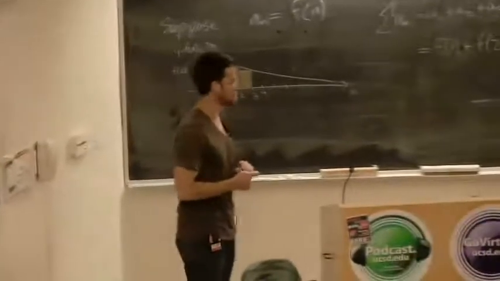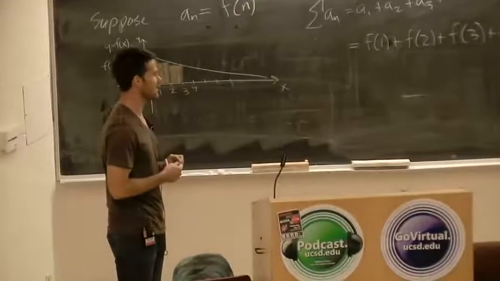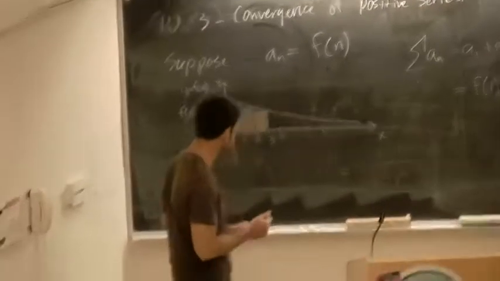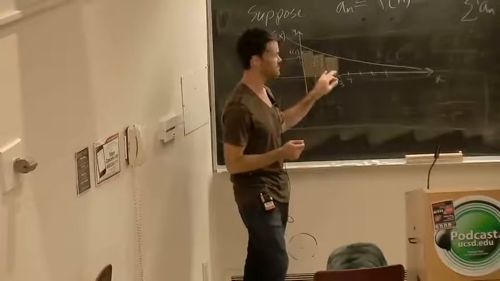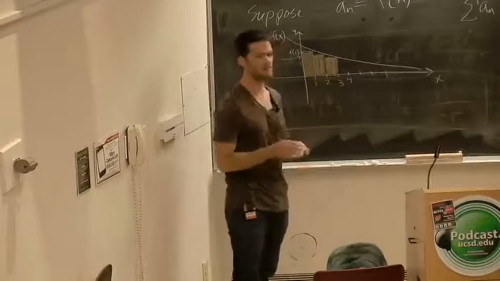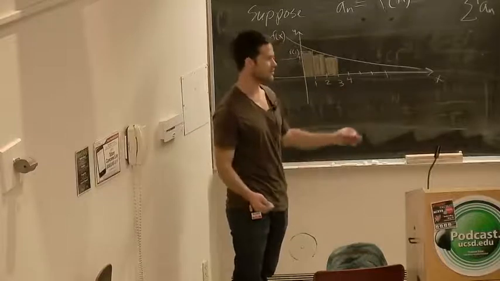That in itself doesn't prove anything, but as it so happens, it is like a Riemann sum. And the behavior of this sum is intimately tied in with the behavior of the integral.